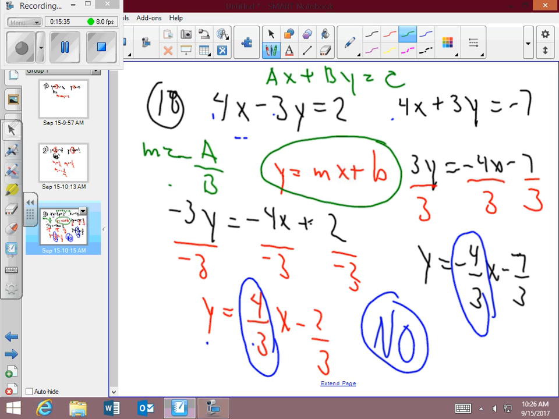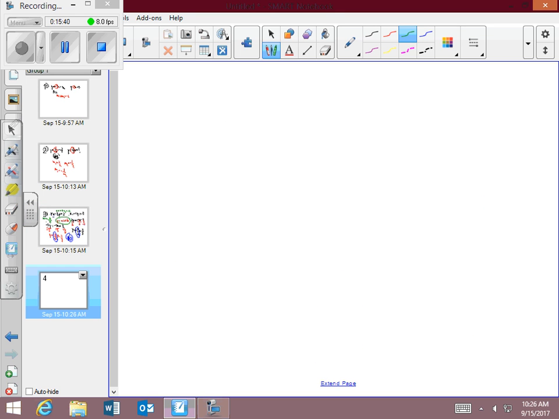So they're saying if they're parallel, what has to be the relationship in terms of A2 and B2 if they're parallel? It has to be the same. Just because Gabe answered it quick, I want everyone to think about it.